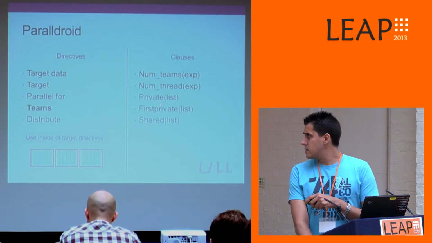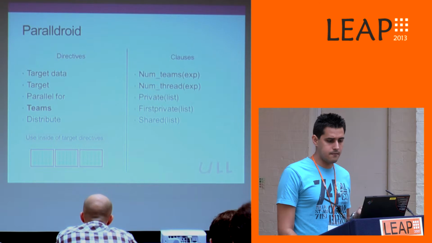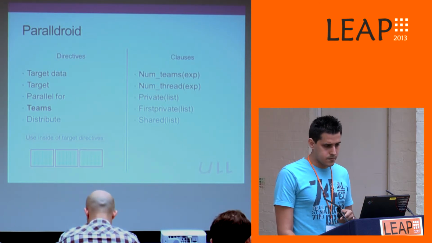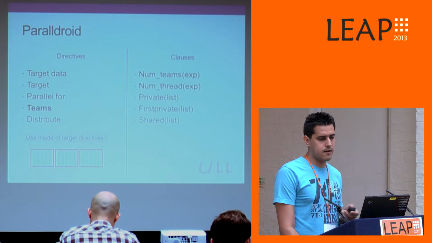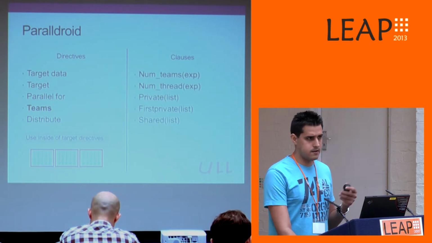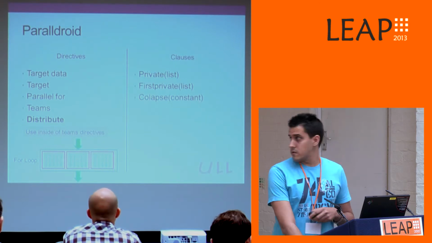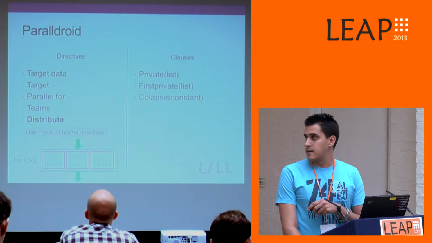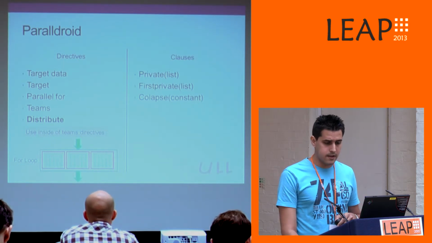Private clause indicates that each team has a private copy of the variable. Firstprivate is the same, but the variables are initialized, and shared indicates that all teams share the variable. Distribute shall be used in the context of the teams directive.